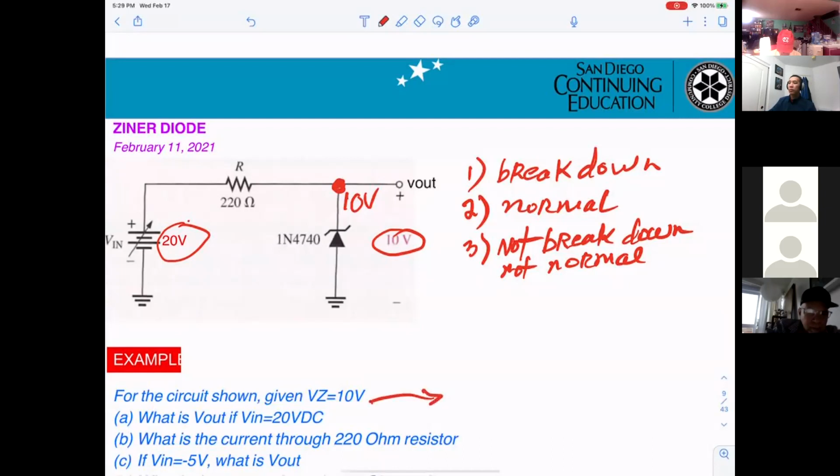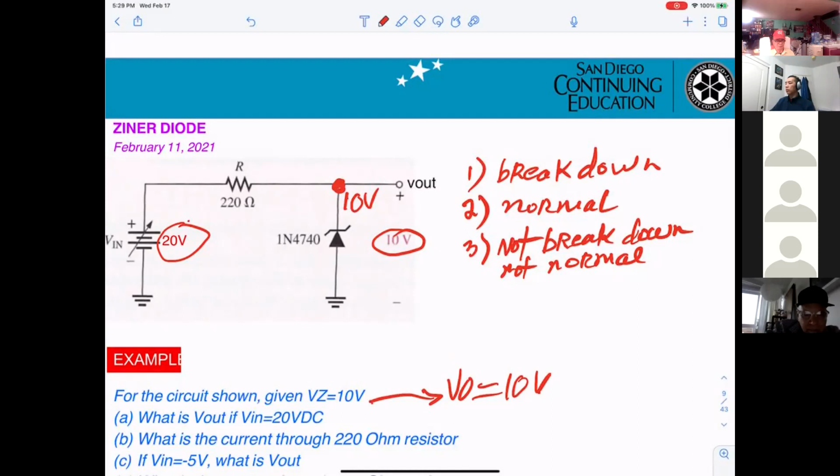The answer will be VL equal 10 volt, because the Zener breaks down. That's number A. You get that?